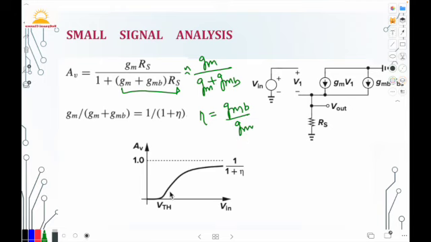As the input voltage increases, this eta will decrease, and the voltage gain would eventually equal unity. However, practically eta remains greater than 0.2. So we always have voltage gain less than unity.